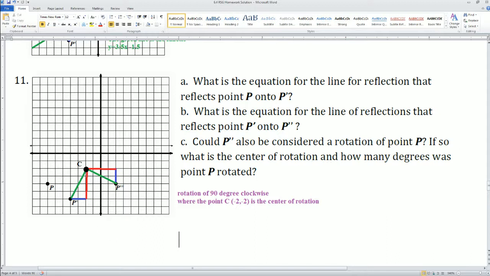Alright, so let's grab a clean number 11 and see if that's possible. It should not be possible. Read the question again one more time, because it says, can P double prime be made from a rotation of P?